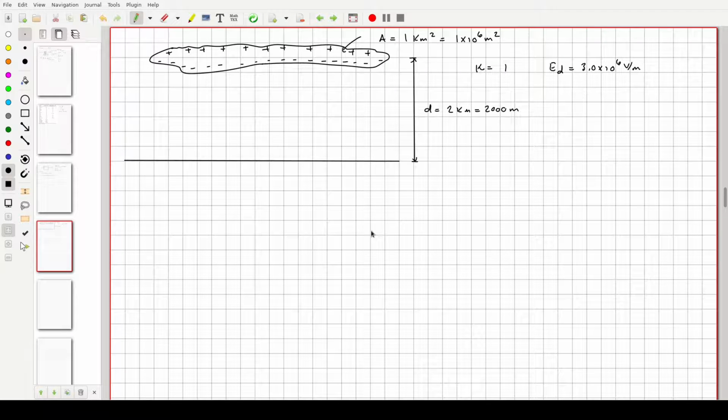Okay. So one thing I'd like to find is the stored charge. Now, I'd also like to find the potential difference.